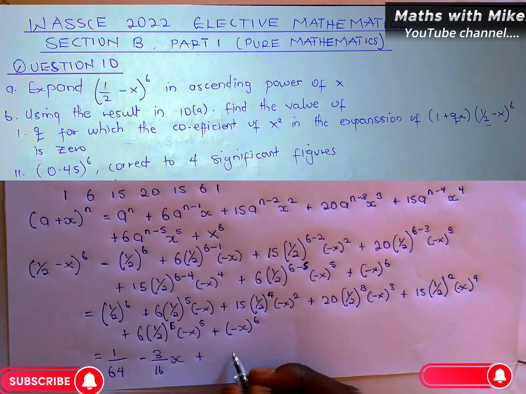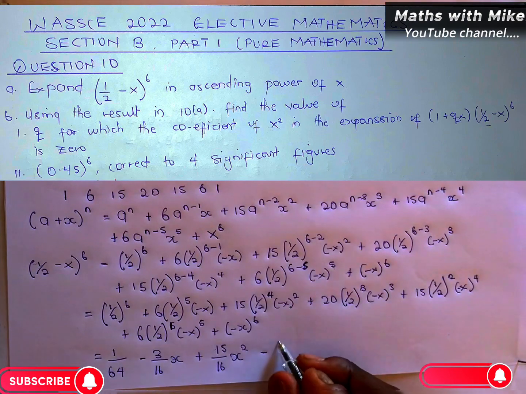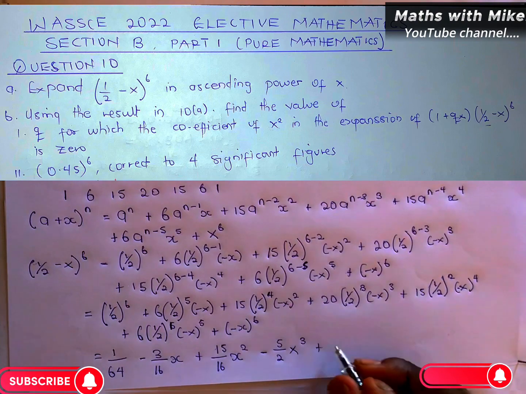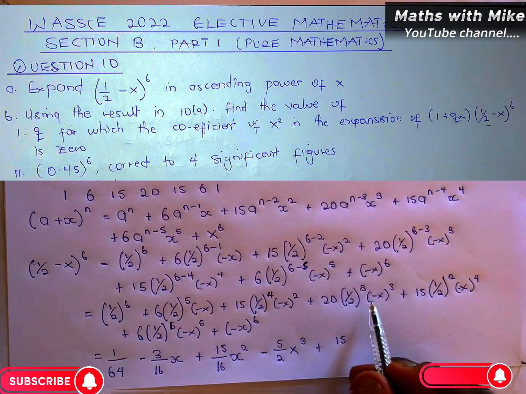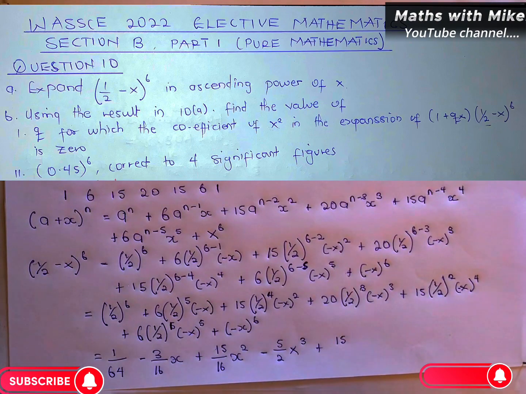Then 15 over 2 exponent 4, that is 15 over 16 x squared. Then minus 5 over 2 x exponent 3, which is 20 times half exponent 3 times negative x.